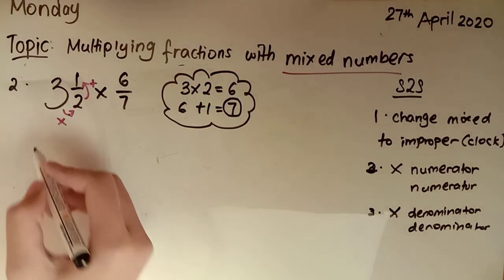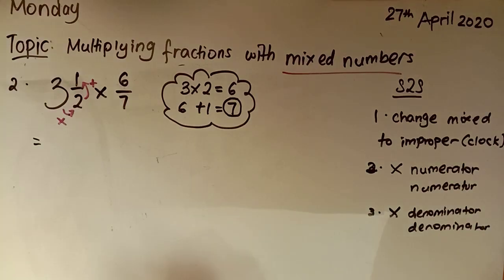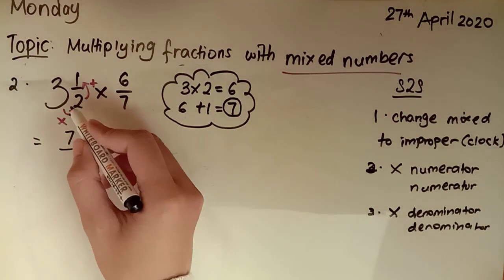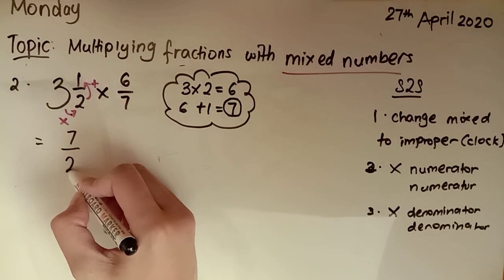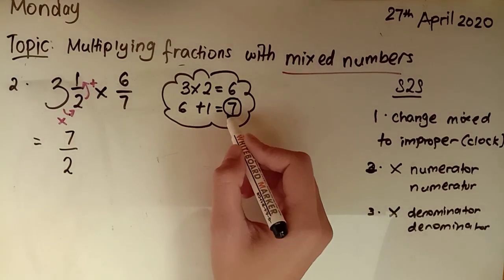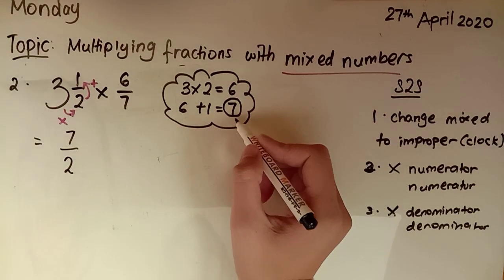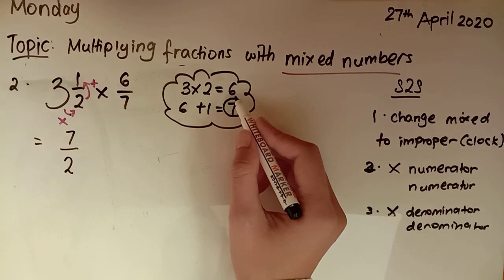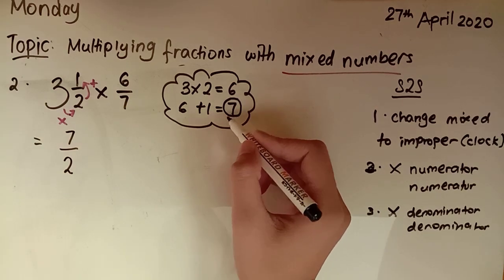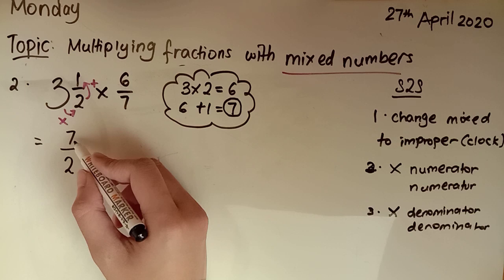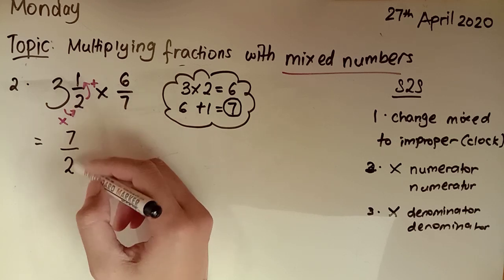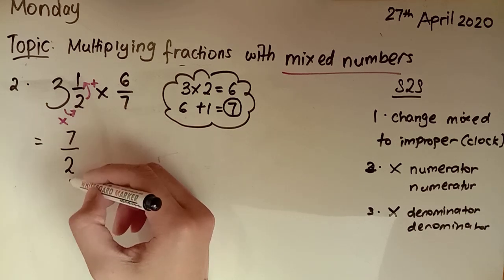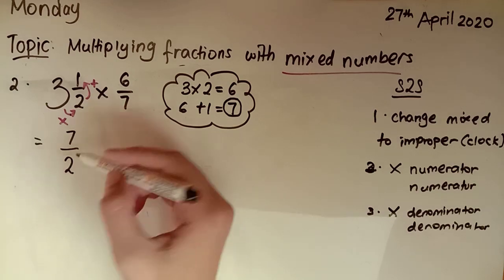Then this becomes 7 over 2. Denominator, 7 over 2. Okay, bukannya 7 over 6. Bukannya yang di bawah, ambil yang di atas. No. Circle 7. 7 is the numerator. What's the denominator? 2. The denominator is the same. Okay.